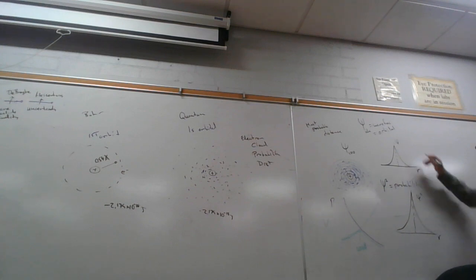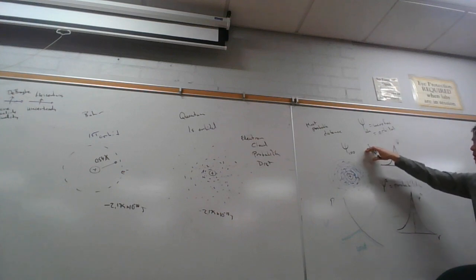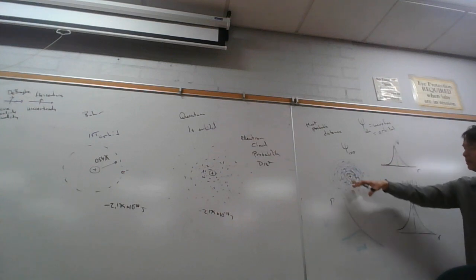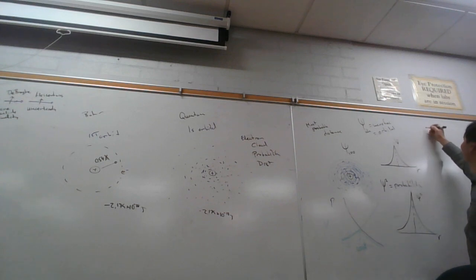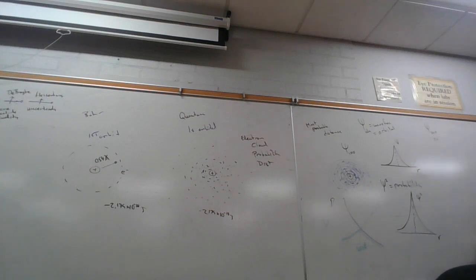Orbitals contain all the information for the electron. All the information is the probability distribution and the energy. Okay, the next allowed orbital will be the psi 200, or the 2s orbital. Now, when we take into account the wave properties of the electron, the psi 200 orbital looks like this.